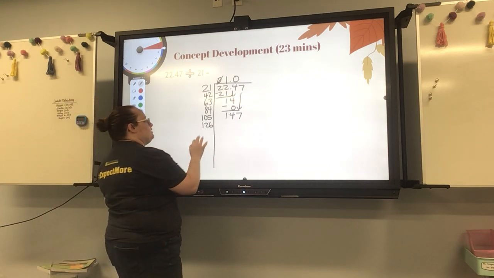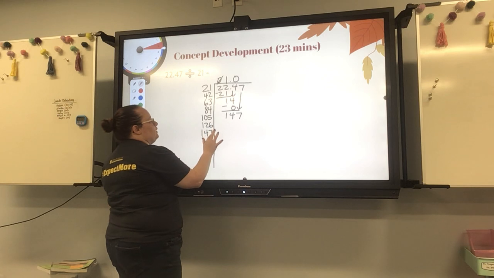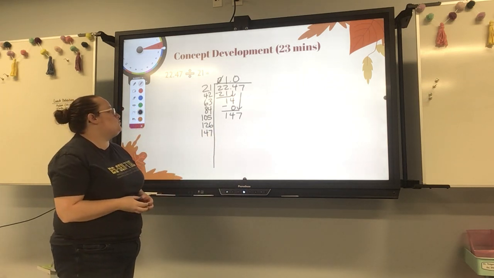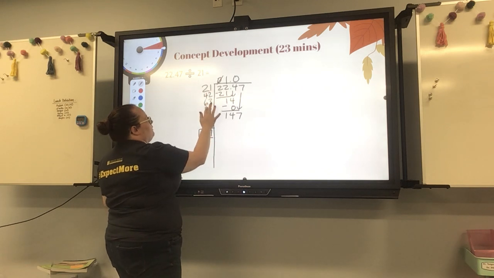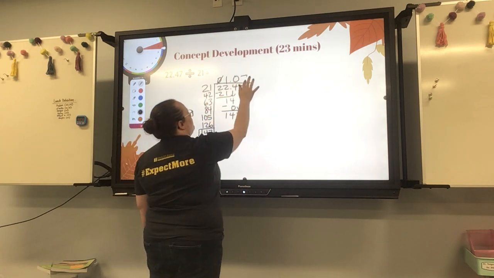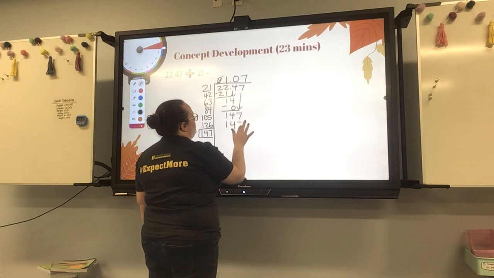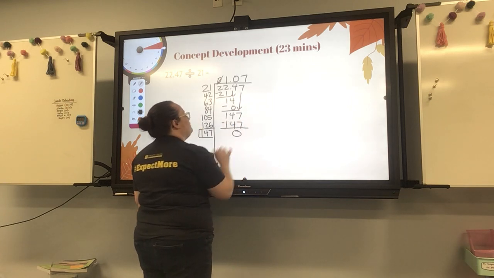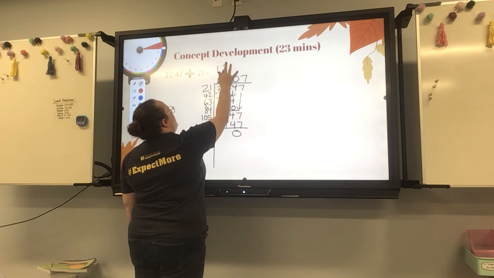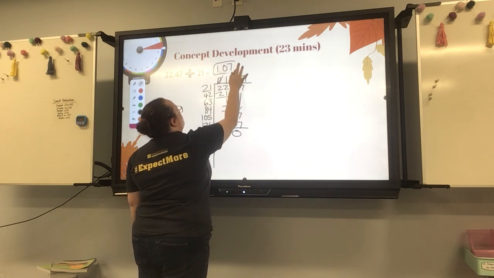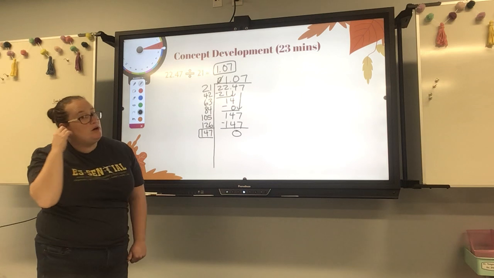After 126 would be 147. How many times can 21 go into 147? 1, 2, 3, 4, 5, 6, 7. That would be 147. When I subtract, I would get 0. So my quotient would be 1 and 7 hundredths, or 1.07.